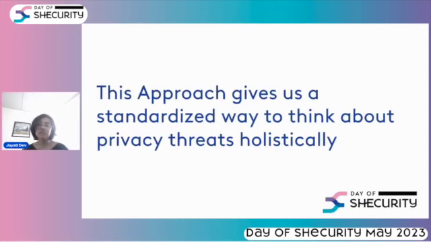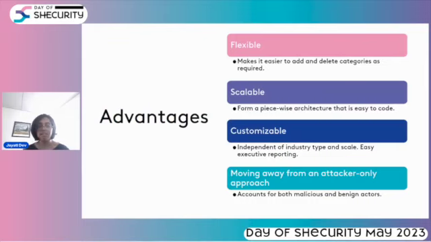So this approach gives us a standardized way to think about privacy threats holistically and help us rank them. Even more, it helps developers find privacy threats on their own. It is flexible, so you can add or delete categories as required. For example, if it is an internal application which does not deal with outside actors, it can be scaled based on that.